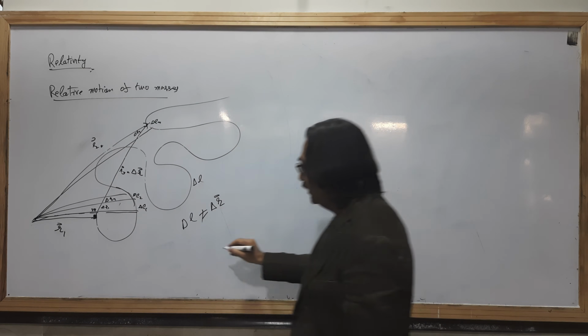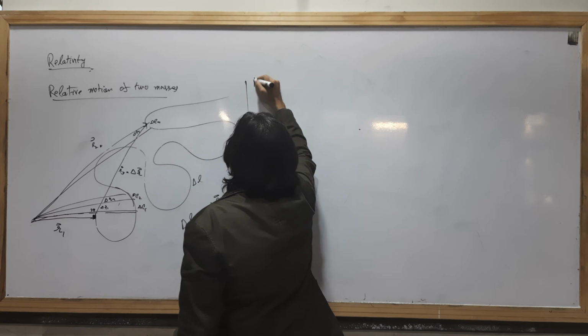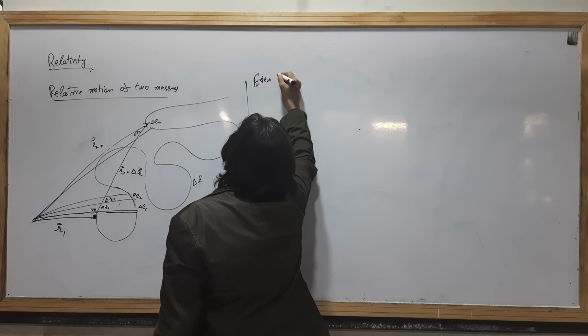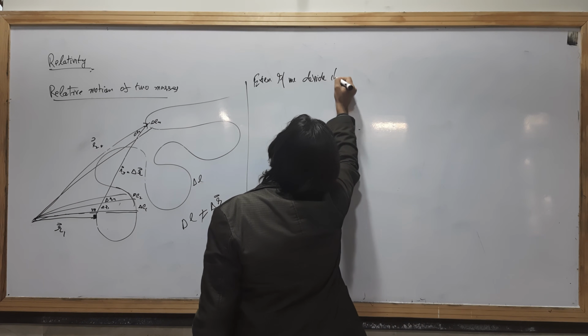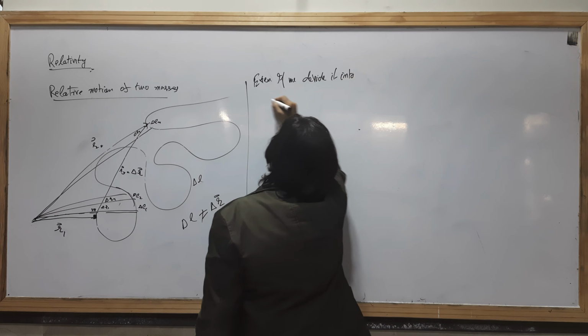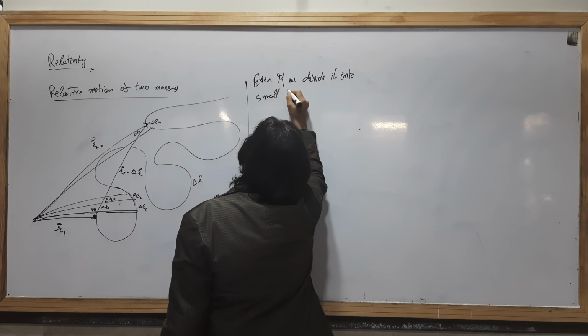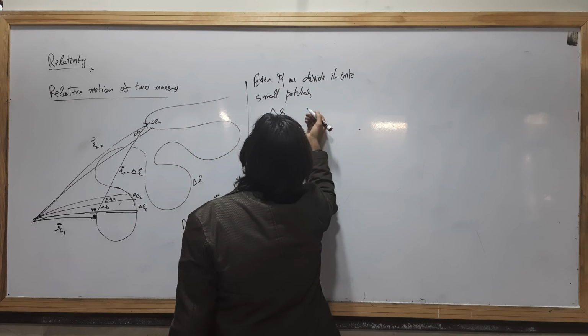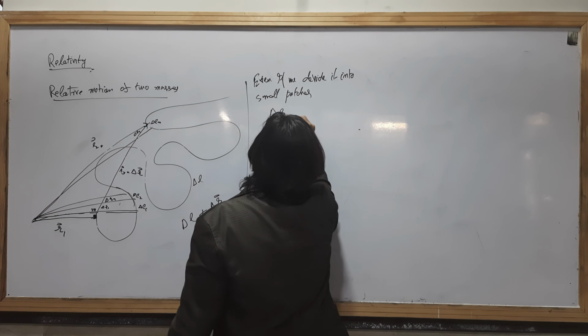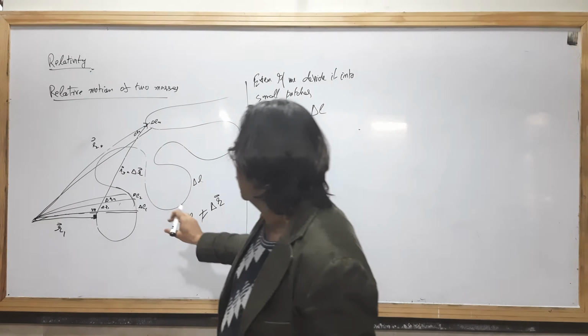Even if we divide it into small patches, delta Ri will not be equal to delta Li, as we know that even small patches are different.